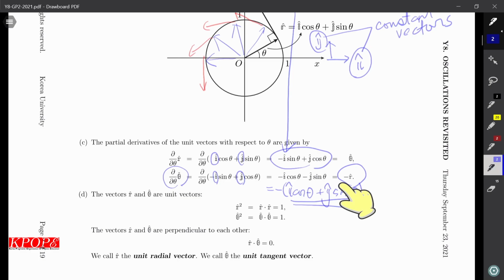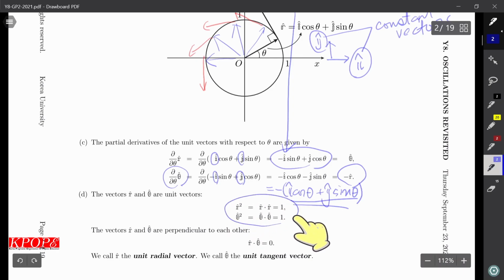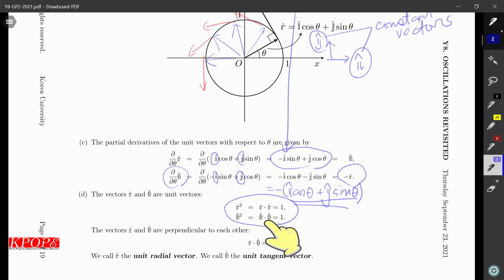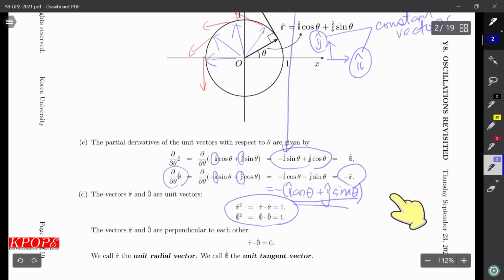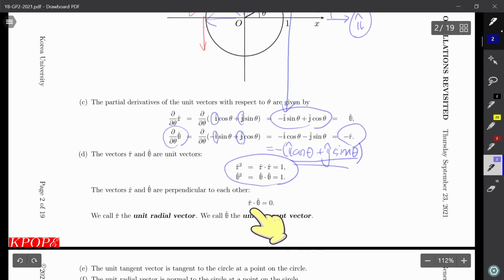As we already have evaluated, the square of the unit radial vector r hat and the square of the unit tangential vector theta hat are also 1. They are unit vectors, and their scalar product is vanishing. Thus r hat and theta hat are orthogonal to each other.